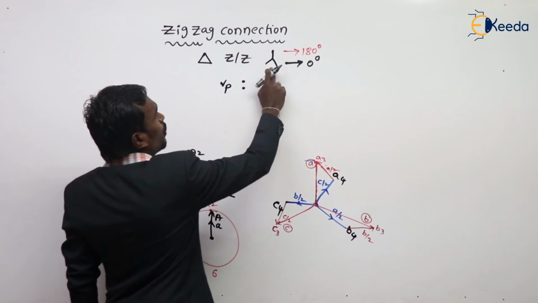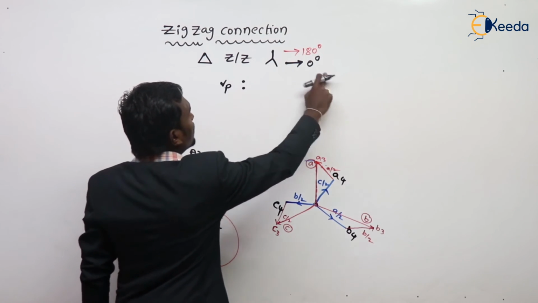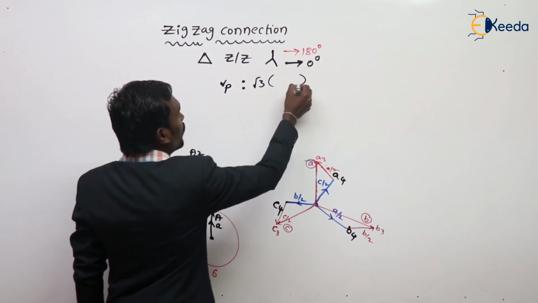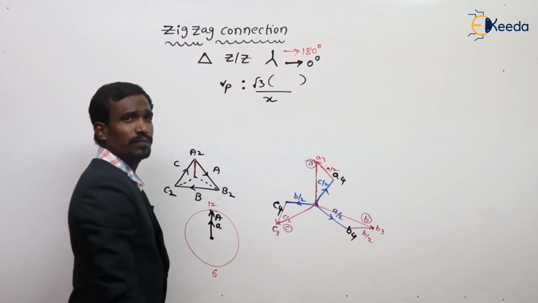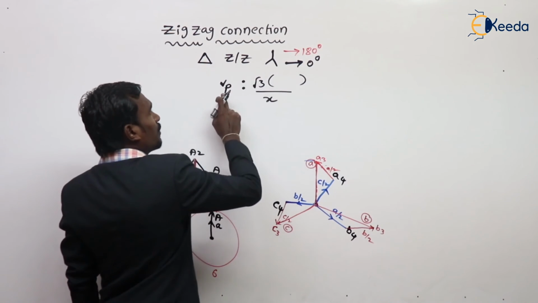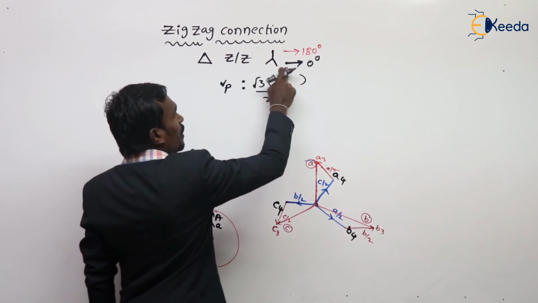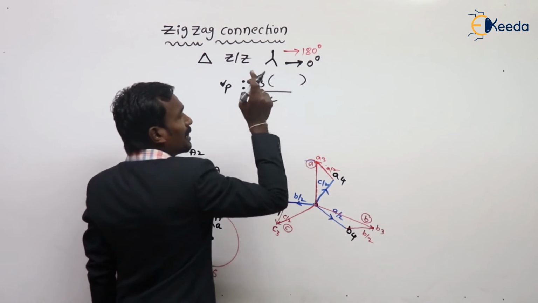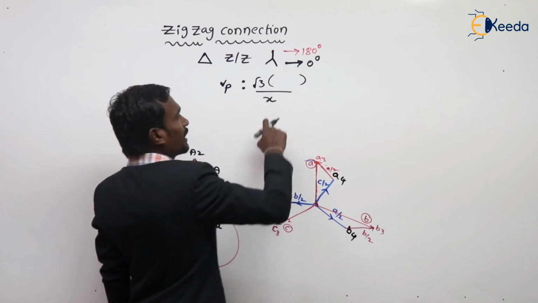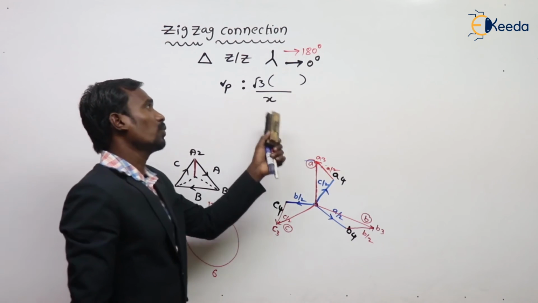And line voltage of this zigzag star is equal to root 3 times of phase voltage by x. For zigzag star, the line voltage is equal to root 3 times of phase voltage by x.